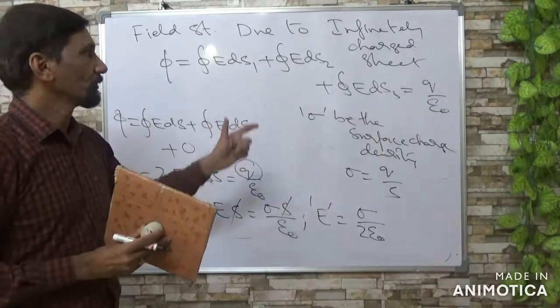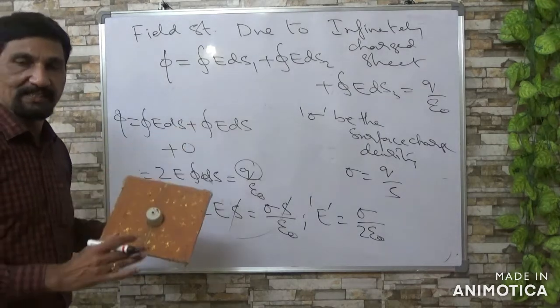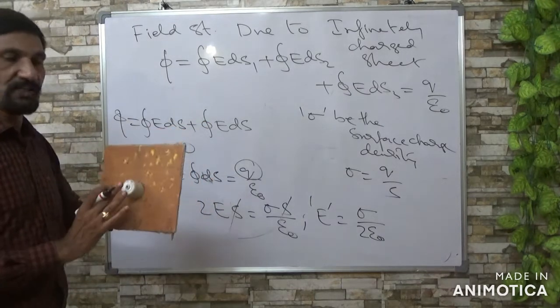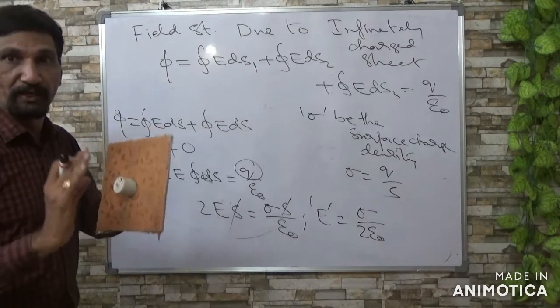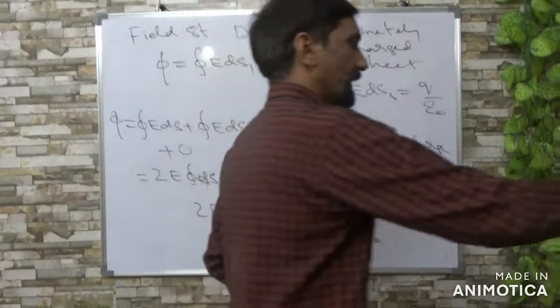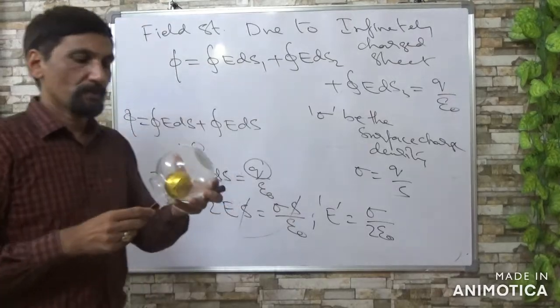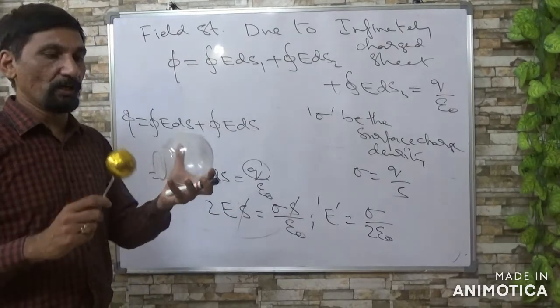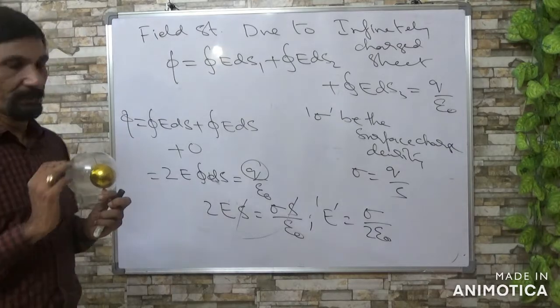Using Gauss law, remember, whenever you want to find flux or field strength, first the charged body must be surrounded by a Gaussian surface. Next, we are going to look at a charged sphere, the field due to a charged sphere.